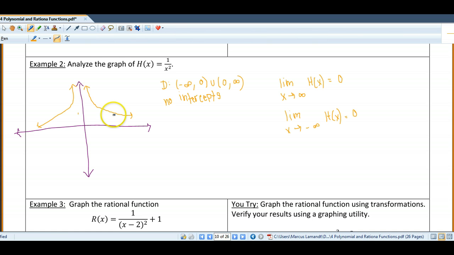Also, as x is approaching negative infinity, it's also getting closer to 0. If this is confusing for you, ask me about it in class tomorrow, and I'll go over it again.